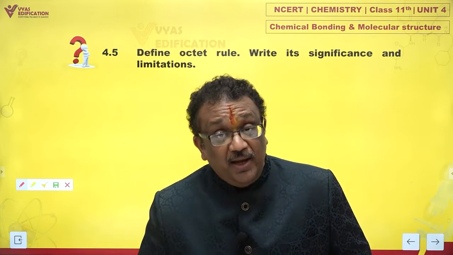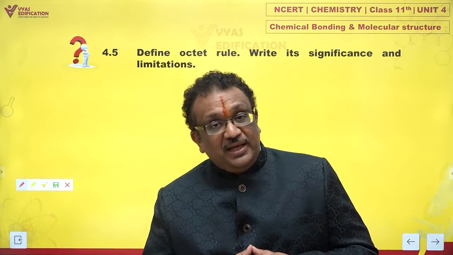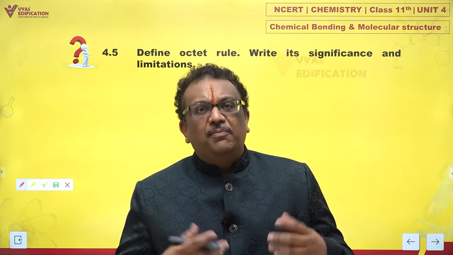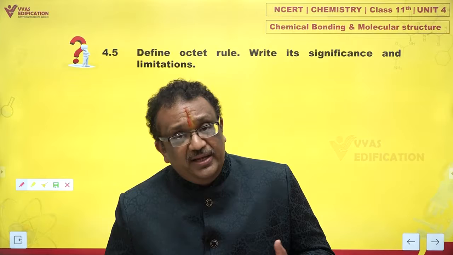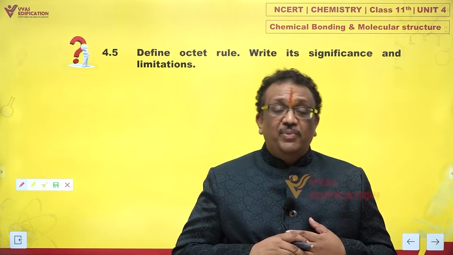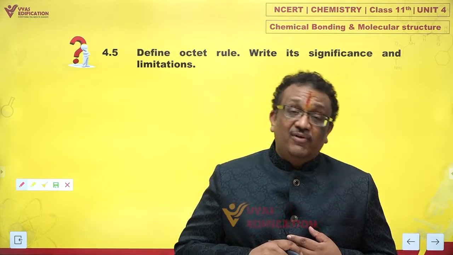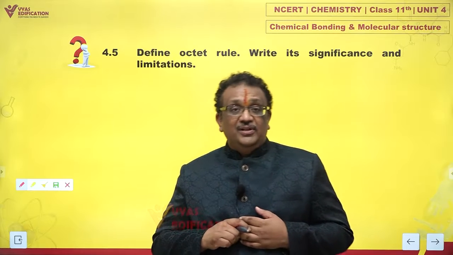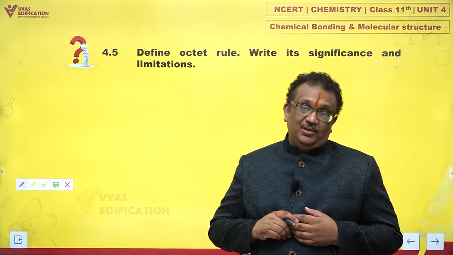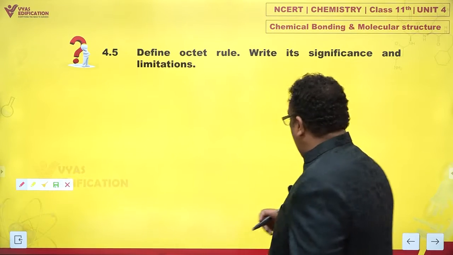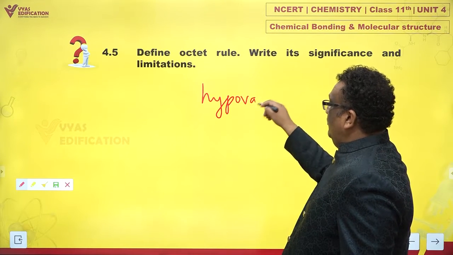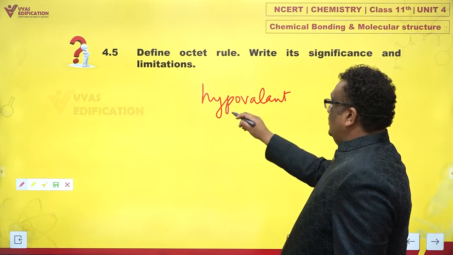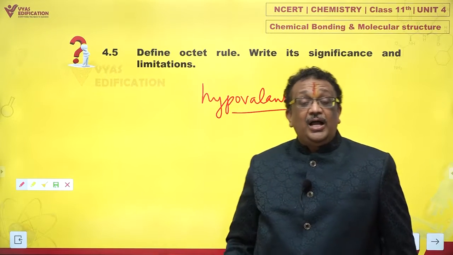Octet may remain incomplete in some cases like BF3, BCl3, BeCl2, BeH2, especially atoms of beryllium and boron. Whenever they form compounds, often they have incomplete octet. And such compounds are called hypovalent. Hypovalent.